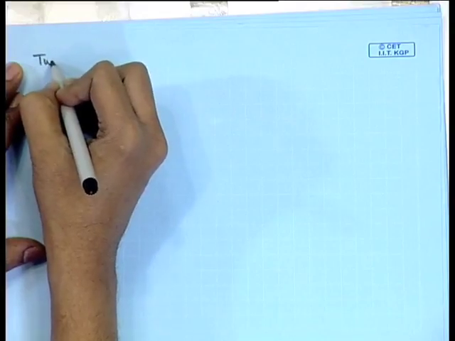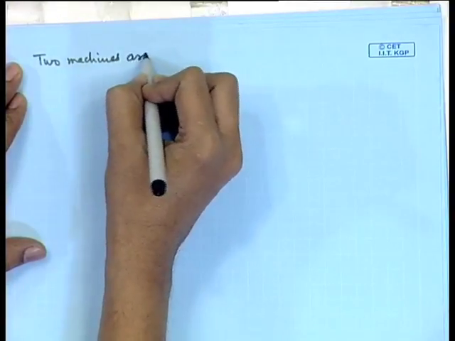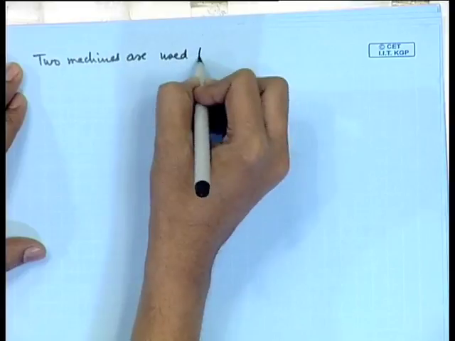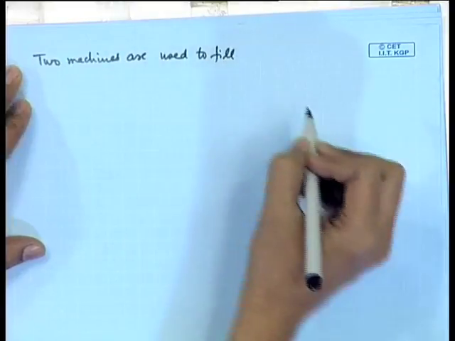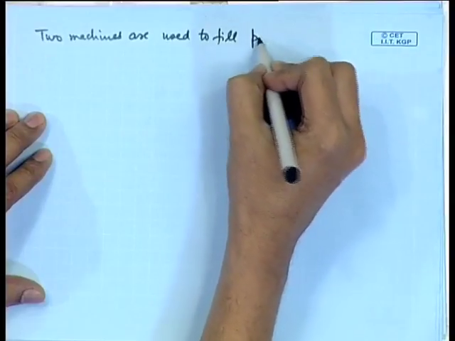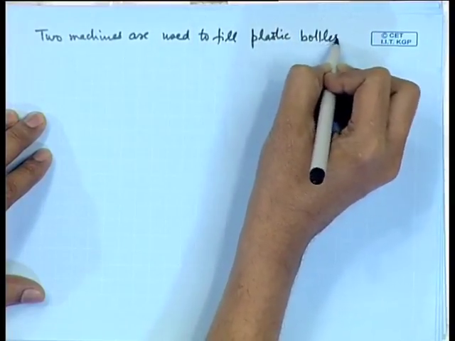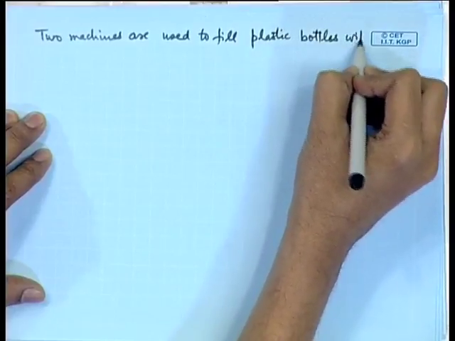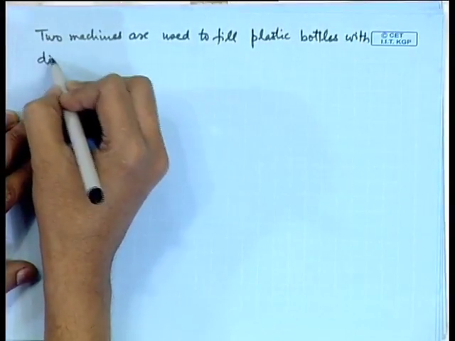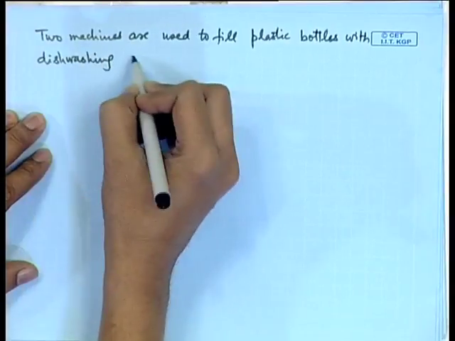Let me take another example here. Two machines are used to fill plastic bottles with dishwashing detergent.